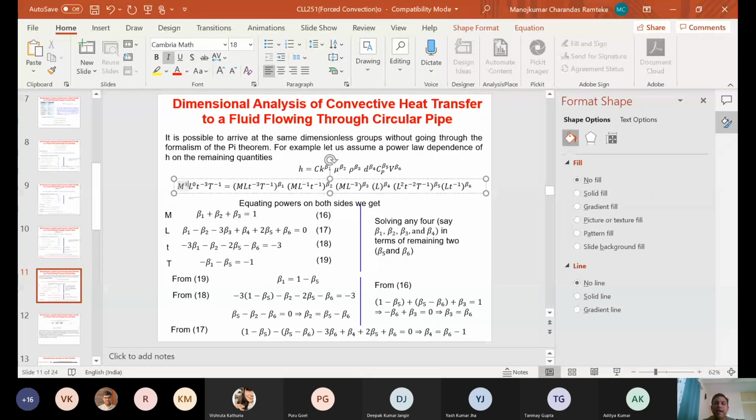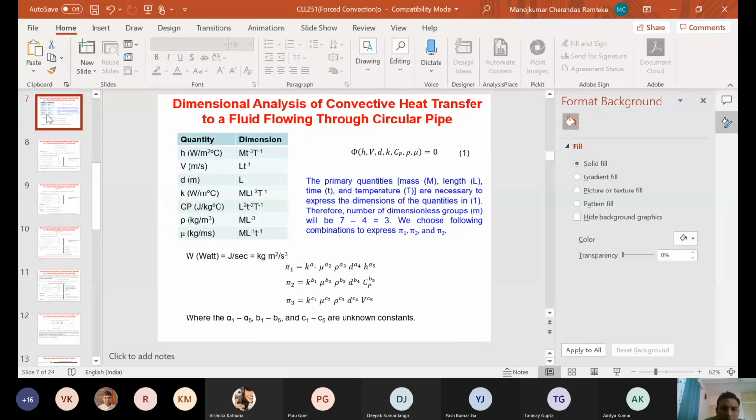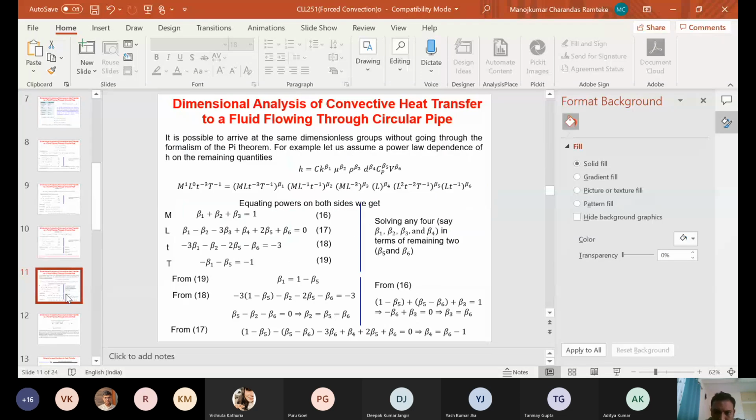If you look at the dimensions of the heat transfer coefficient, that is M t raised to the power minus 3 and capital T raised to the power minus 1. Okay, now it is correct.